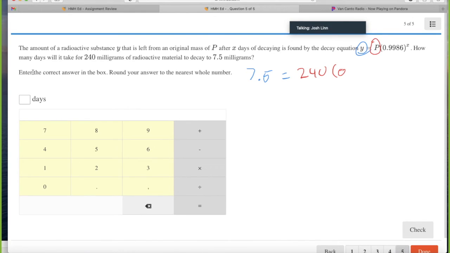The rest of this was given to us: 0.9986 to the power of x. So we need to solve for x.